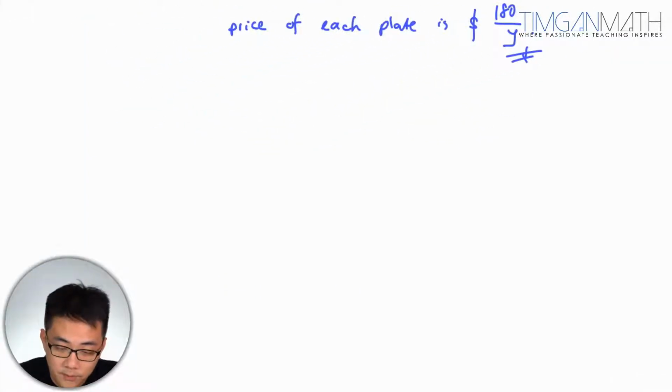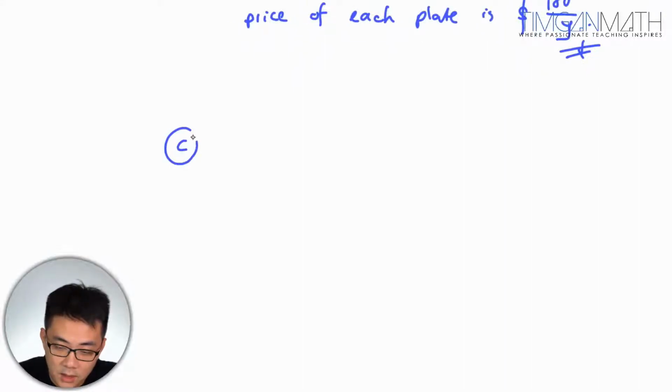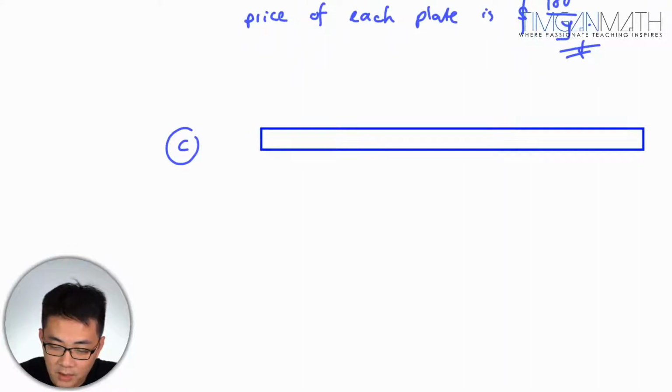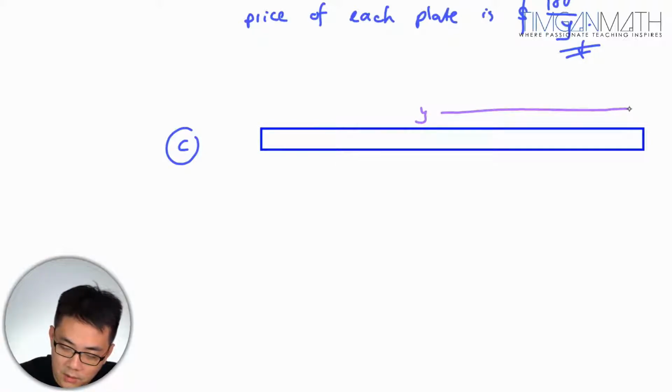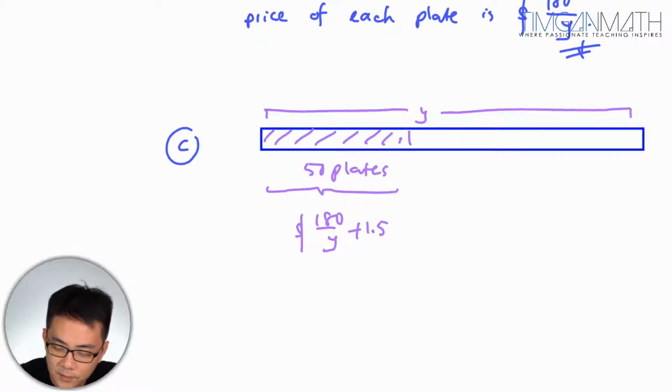Now we're going to try and understand this part. If she has Y plates, Y amount of plates, we know that 50 plates are sold at 180 over Y plus 150.